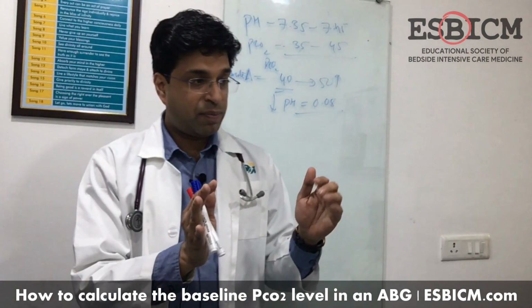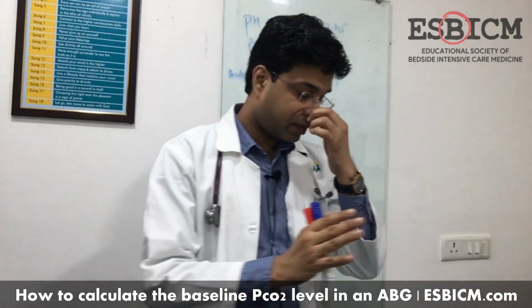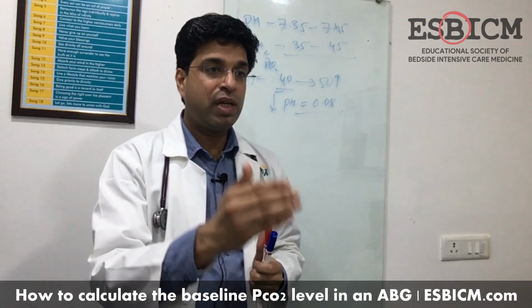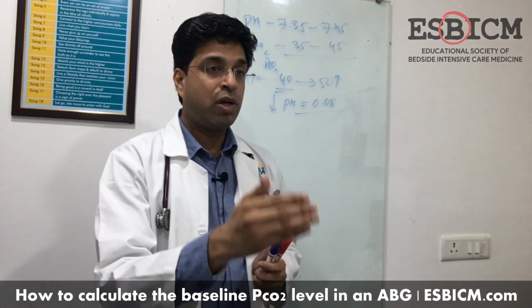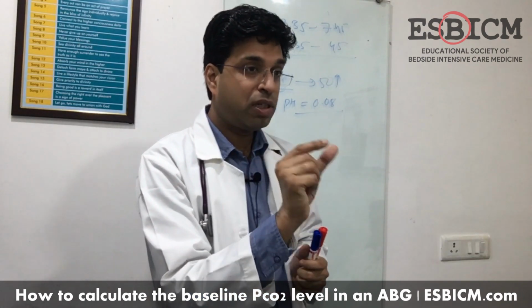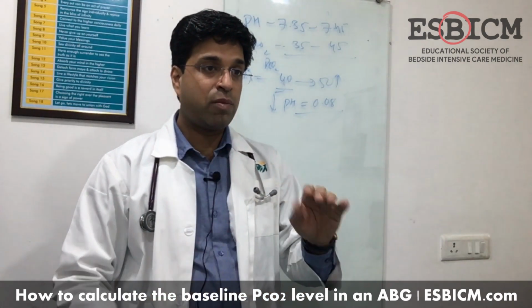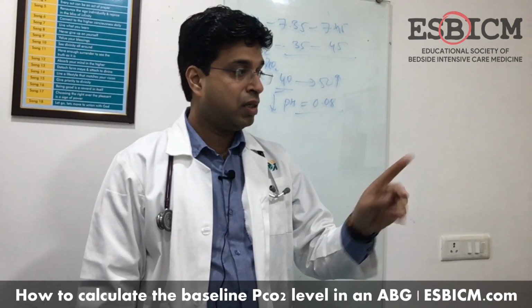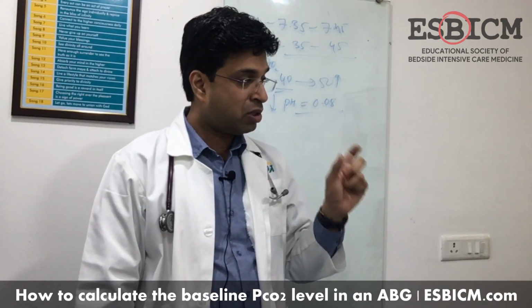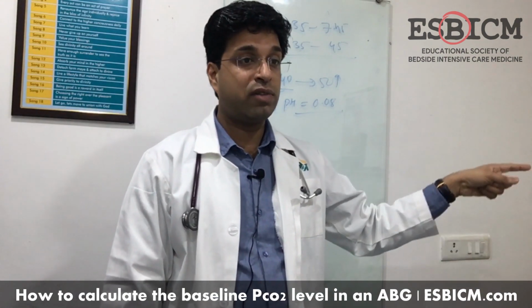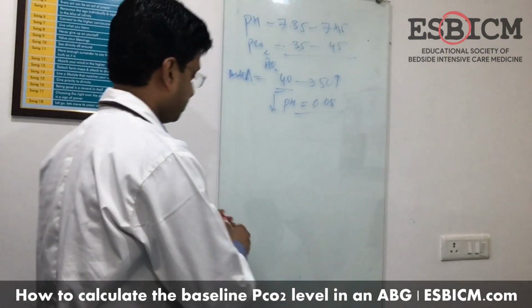So when we see the PCO2 level in a patient, we need to see how much the pH has dropped from 7.4. Then you can make out the difference: if my pH has dropped by 0.16, that means 2 times 0.08, so 20 PCO2 is the acute component in the total PCO2 level of this patient.